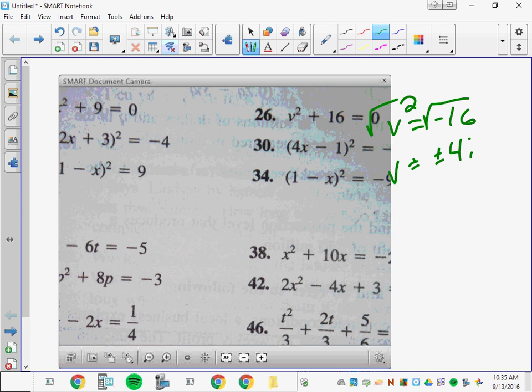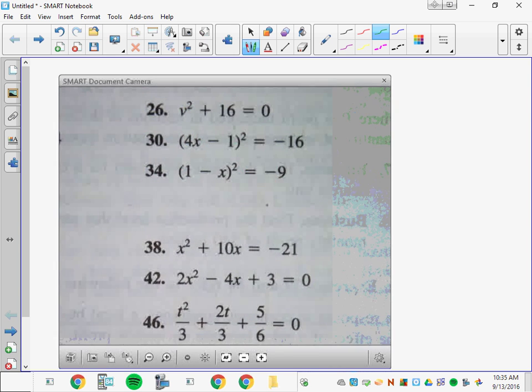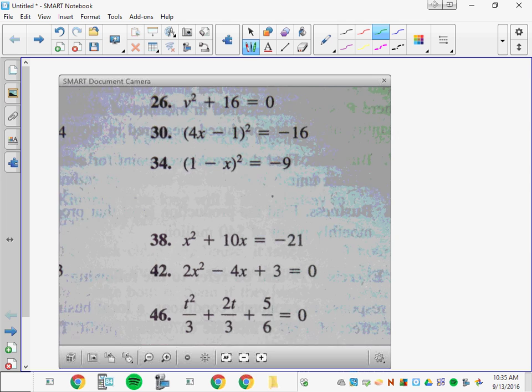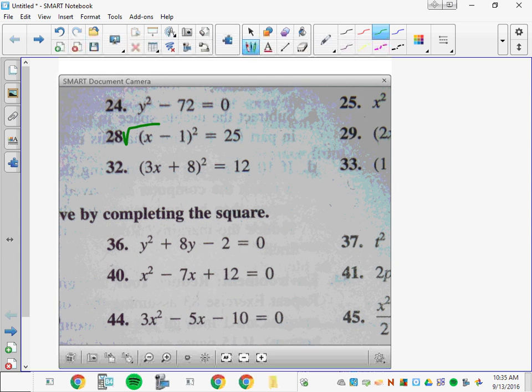All right, number 30. We can still use the square root method this way. Actually, let's do 34. No, never mind. Let's do one that's not negative. Let's do 28. Square root both sides, and I get x minus 1 equals plus or minus 5.